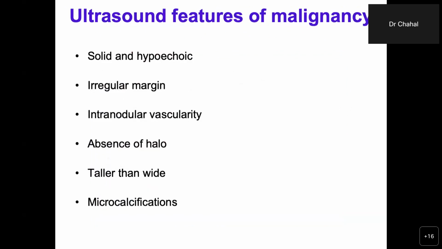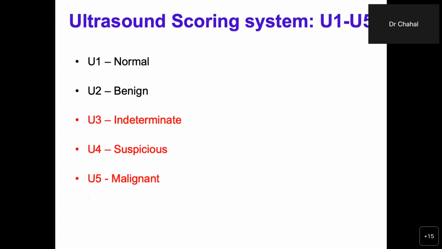But there are classical features on an ultrasound, which are listed here, that could mean that patients are more at risk of thyroid malignancy. And the radiologist now can give a very good ultrasound characteristic, which is called a U ultrasound scoring system. Essentially a U1 means there's no thyroid nodule.